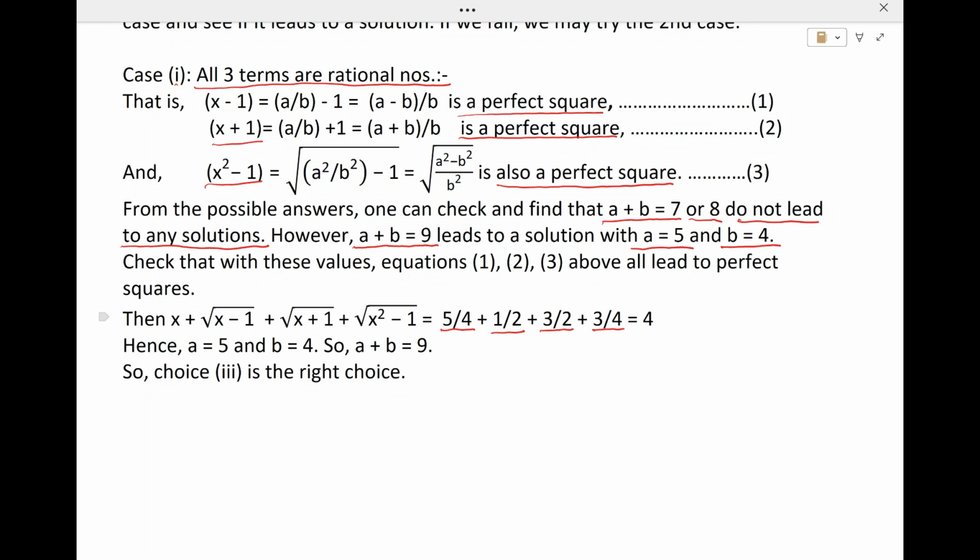And when we add all four of them together, we get 4. So the equation is satisfied. Therefore, a is equal to 5 and b is equal to 4 is a solution of the given equation. Therefore, a plus b is equal to 9, and hence choice 3 is the right choice.